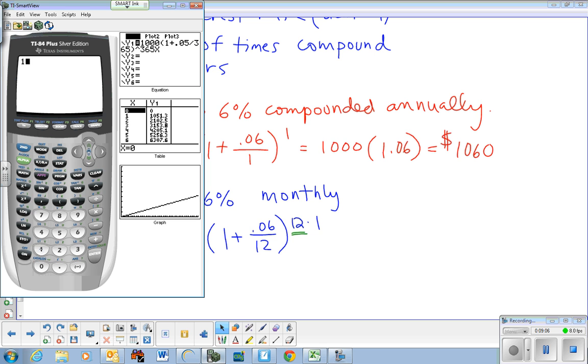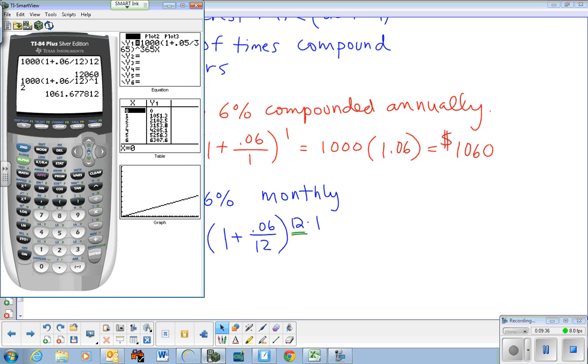If we have $1,000 times 1 plus 0.06 divided by 12, to the 12th power, and wrong button, try that again, 1,000, 1 plus 0.06 divided by 12, close to the 12th.